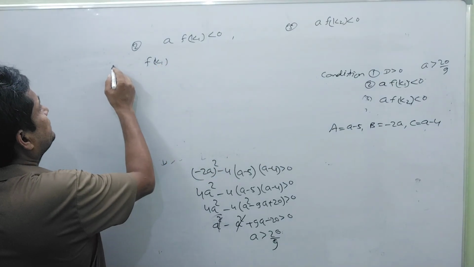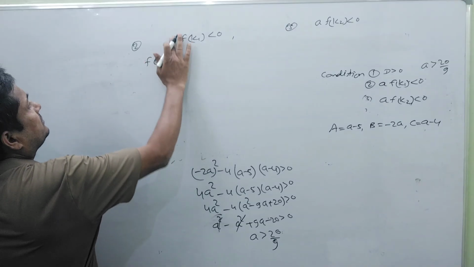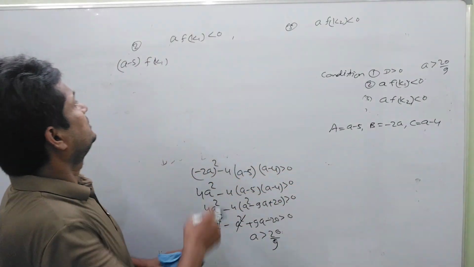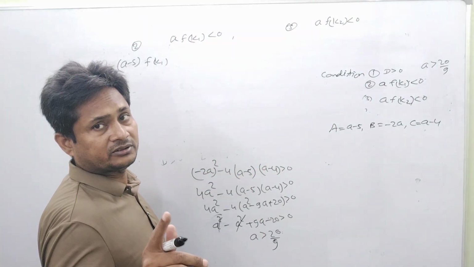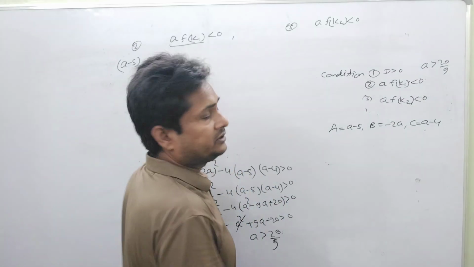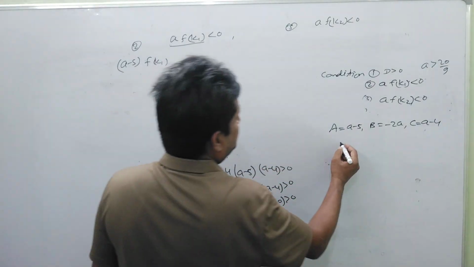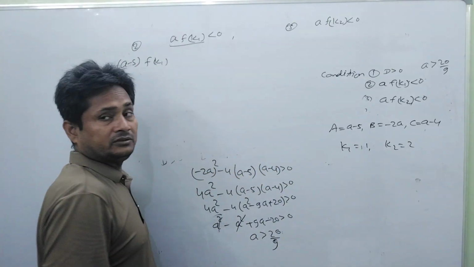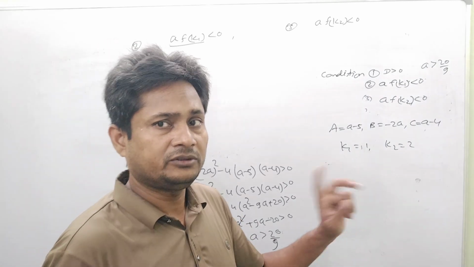Here we can take capital A, which is a minus 5, because we have compared with capital Ax square plus capital Bx plus C. K1 and K2: K1 is 1 and K2 is 2, because in the question it is saying one root is less than 1, another is greater than 2.